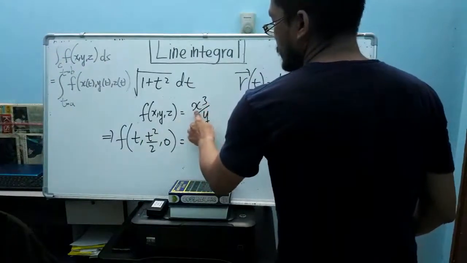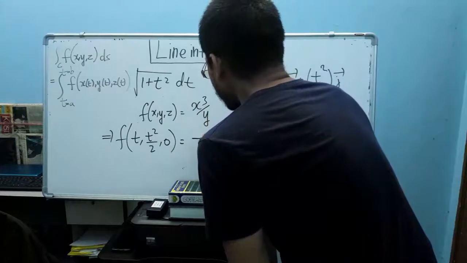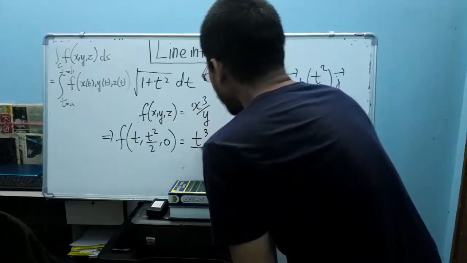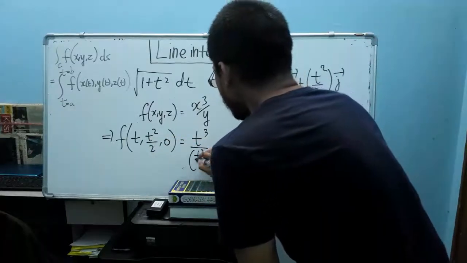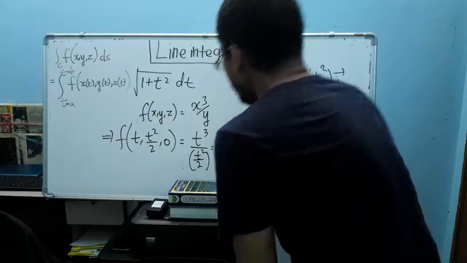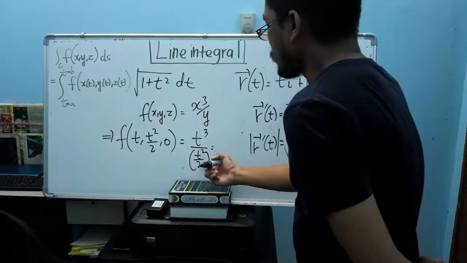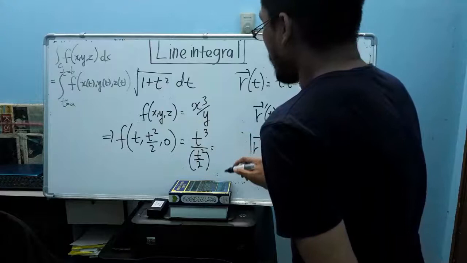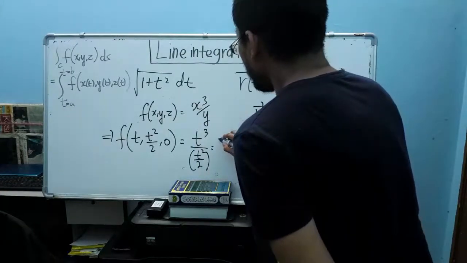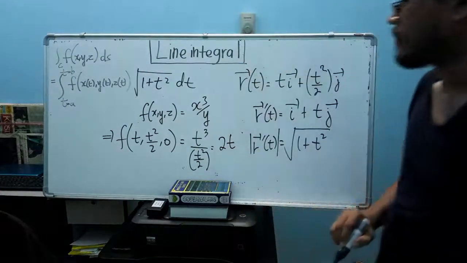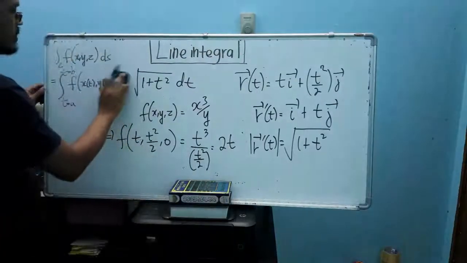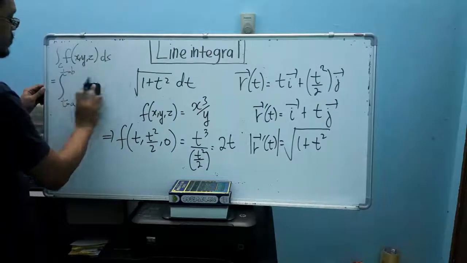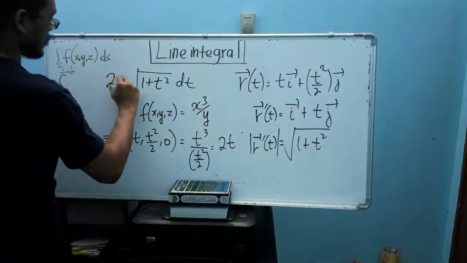You just substitute: x cubed becomes t to the power of 3, and y becomes t squared over 2. So the final result will be 2t.